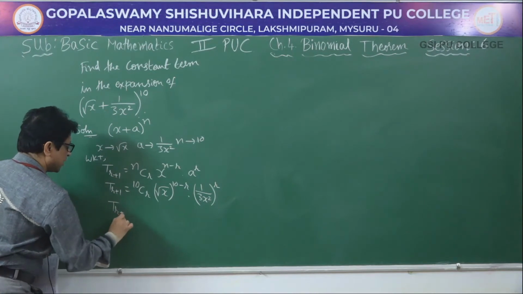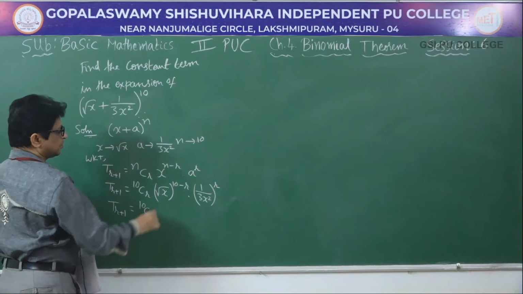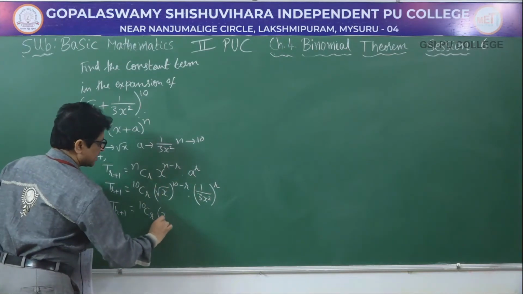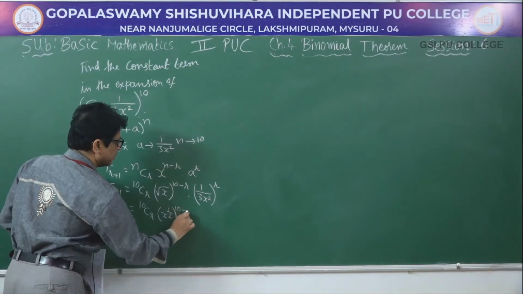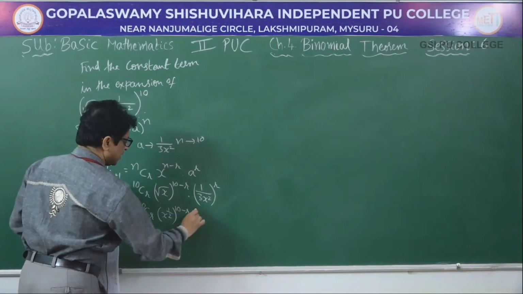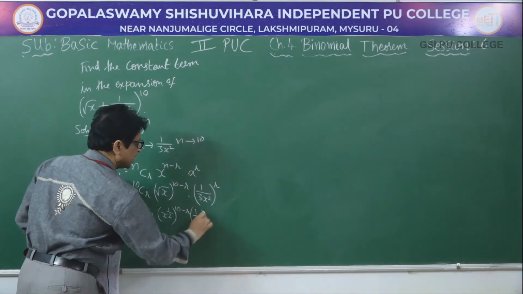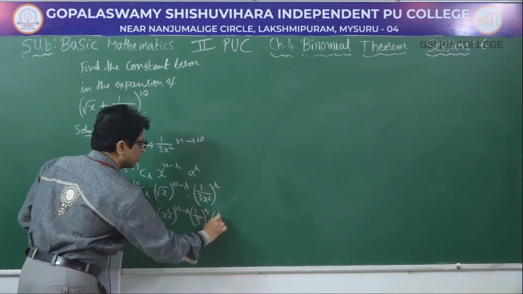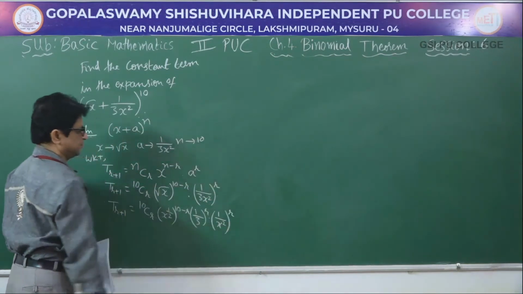So, T(r+1) is equal to 10Cr into root x can be written as x power half whole power 10 minus r into 1 by 3 whole power r into 1 by x square whole power r.